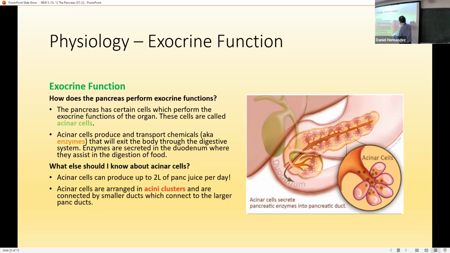They produce the enzymes, which drain into smaller ducts that eventually connect into your duct of Wirsung, or main pancreatic duct, or maybe the duct of Santorini. Again, these will then drain through the ampulla, or connect to the common bile duct, and through the ampulla of Vater, through the sphincter of Oddi, into the duodenum.